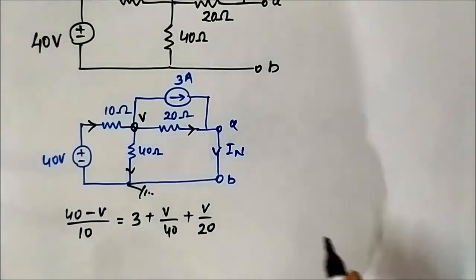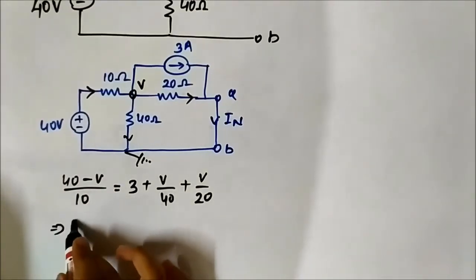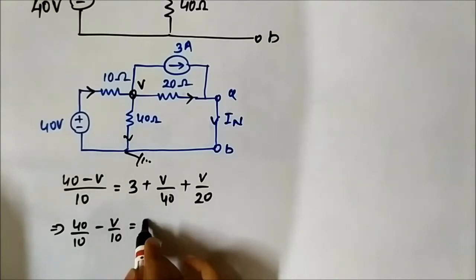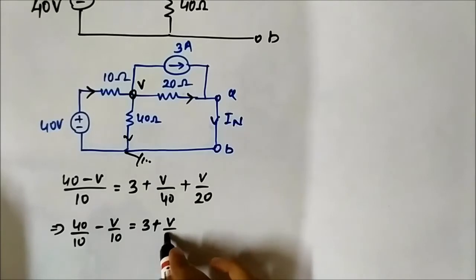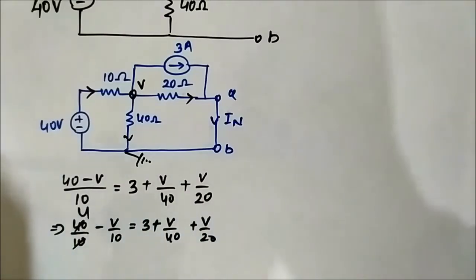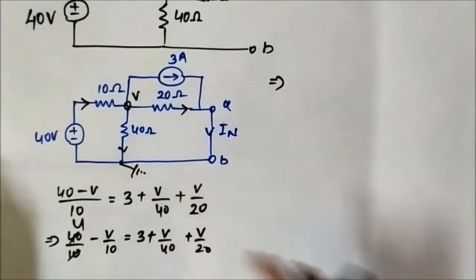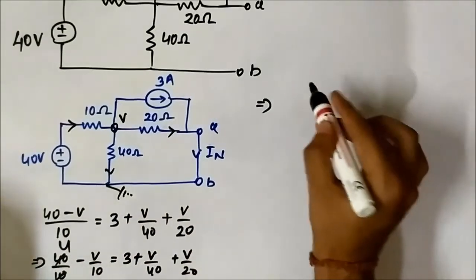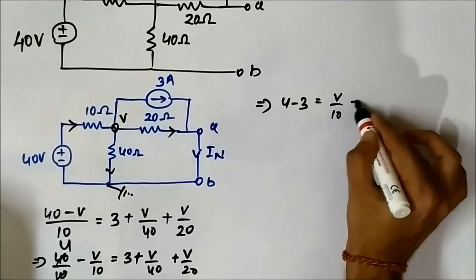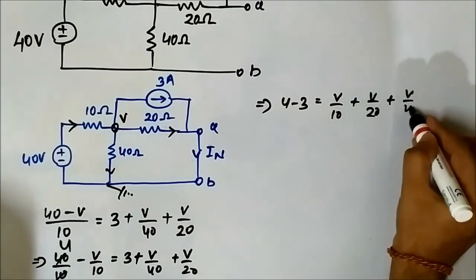That implies 40 by 10 minus V by 10 is equal to 3 plus V by 40 plus V by 20. This is simply 4. So if we take 3 to this side and V by 10 to that side, it will become 4 minus 3 is equal to V by 10 plus V by 20 plus V by 40.